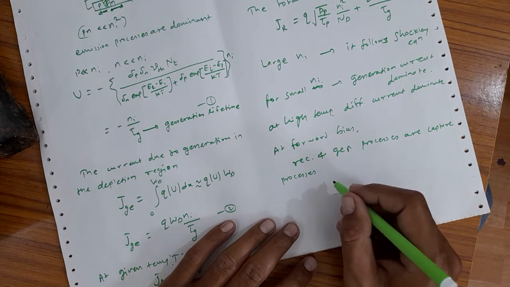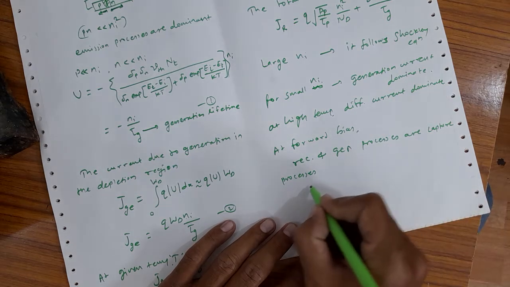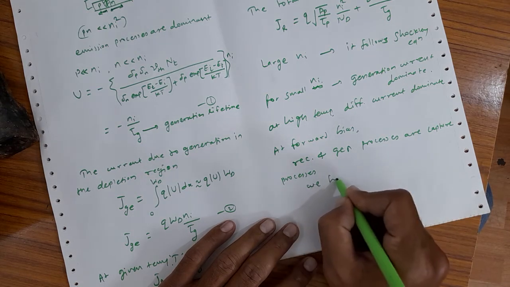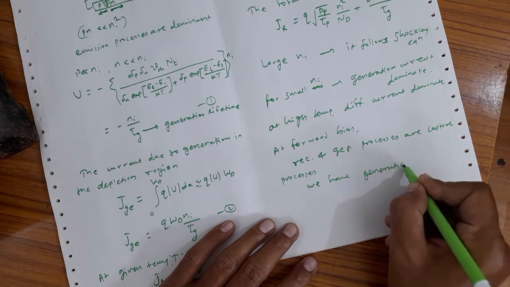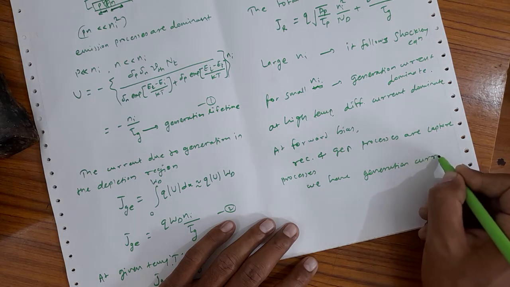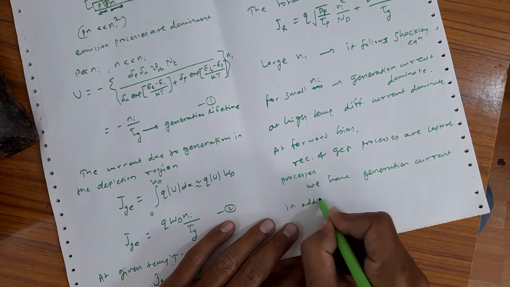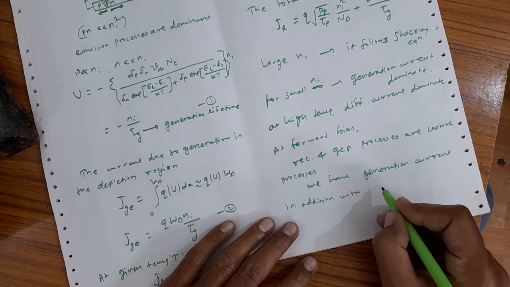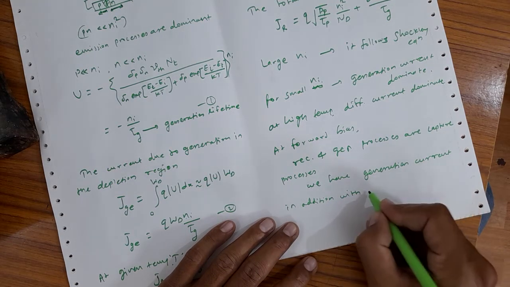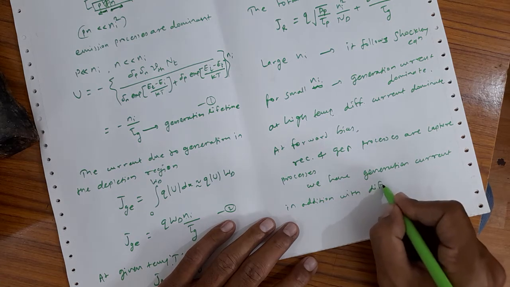So we have the generation current in addition to the diffusion current.